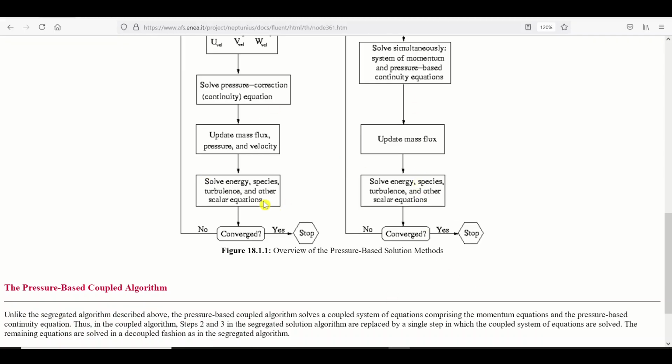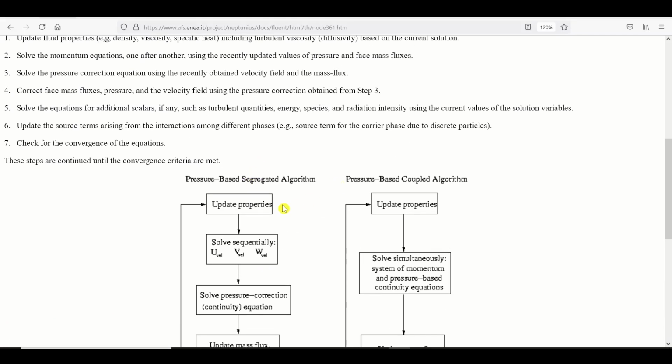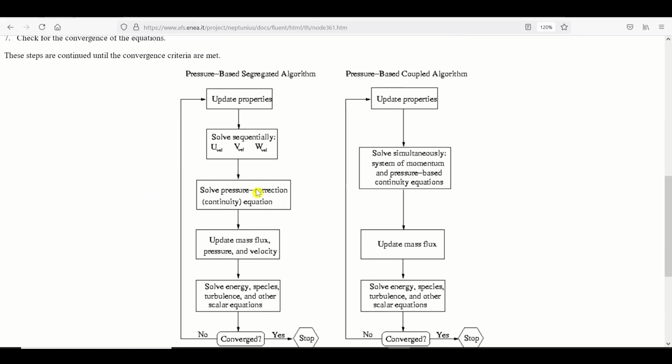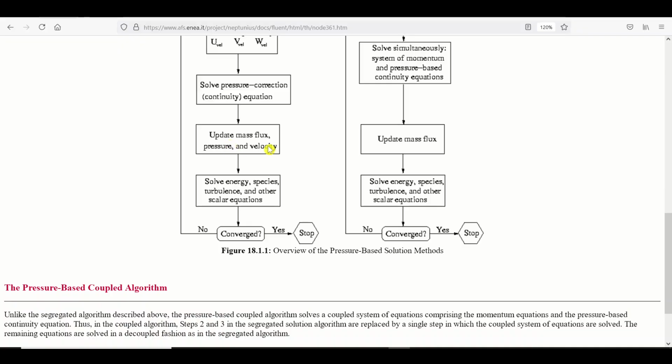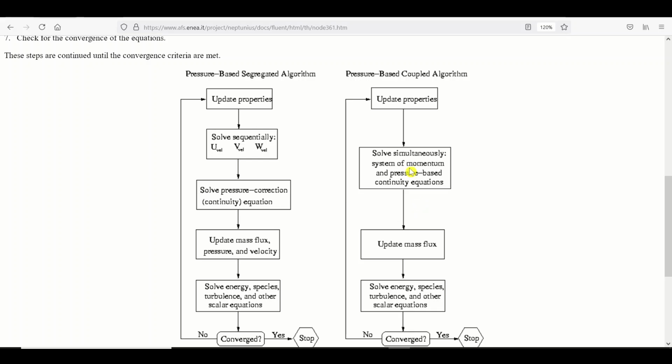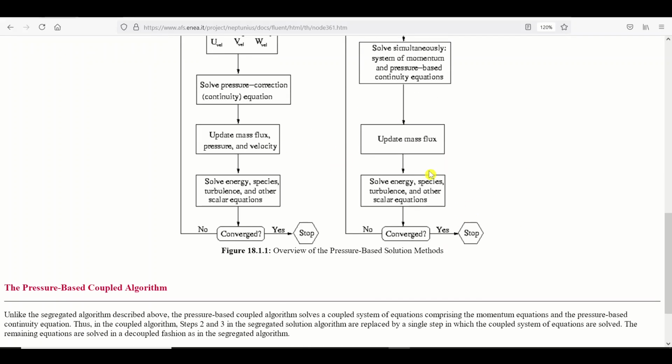This is exactly similar to the segregated algorithm. After these two equations are computed, only then are we updating the values and solving the next set of equations, that is energy, species, turbulence, etc. Same case is over here. We are just combining them and solving, updating the properties, and then solving the additional equations in the model.